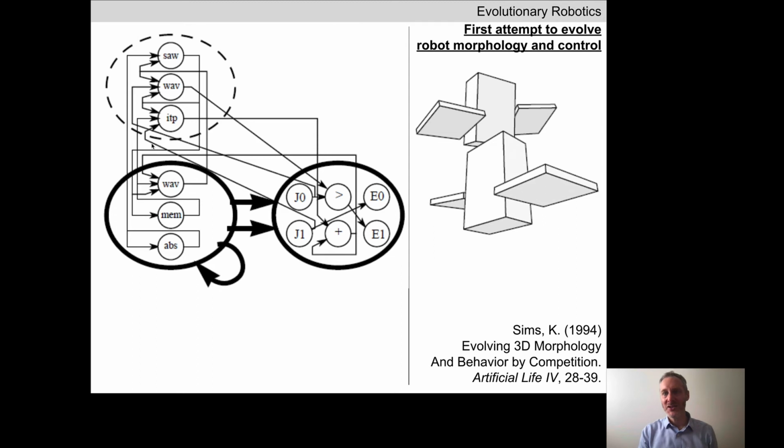You'll notice there is this special node here shown dashed. The dashed line is meant to represent that this part of the neural network corresponds to no one part of the body. So this is the brain of the robot, or the central nervous system.